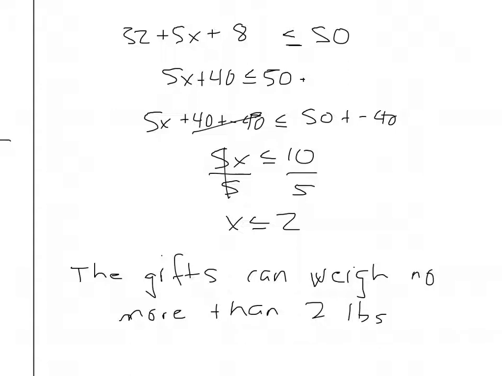So thinking about this just really quickly, what could work? No more than 2 pounds. x is less than or equal to 2 pounds. 1.5 pounds would be good. 1 pound would be good. 1.9999999 pounds would be good. 2 pounds would be good. 2.000001 pounds doesn't cut it. All right, so go ahead and flip on over to your independent work and get that work done for today.